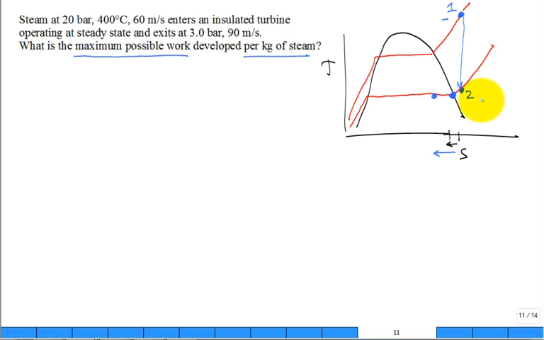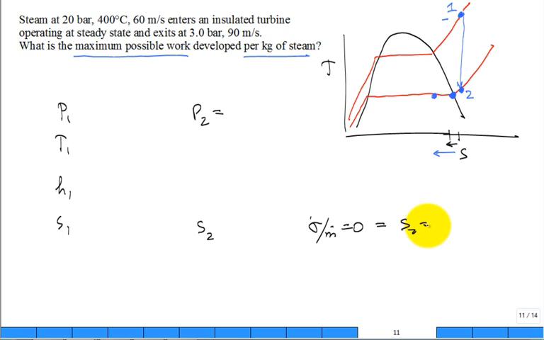So you set it up such that the pressure 1 and temperature 1 are fixed, so you get H1 and S1. Then the pressure 2 is fixed at a lower pressure. The best I can do is if sigma dot per m dot equals 0. If that's true, then S2 is equal to S1.